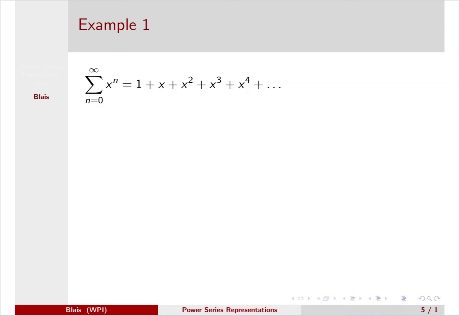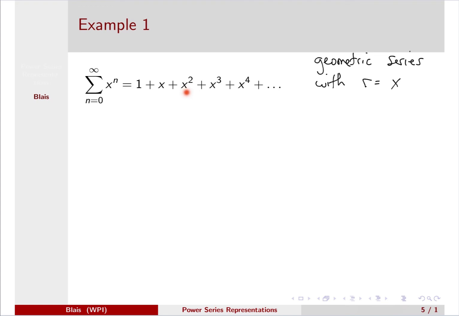For example, consider this power series: the sum n goes from 0 to infinity of x to the n. 1 plus x plus x squared plus x cubed, so on and so forth. And when we look at this, we recognize that this is a geometric series with a ratio term of x. Recall, for a geometric series, to get each term, you multiply the previous term by the ratio term.